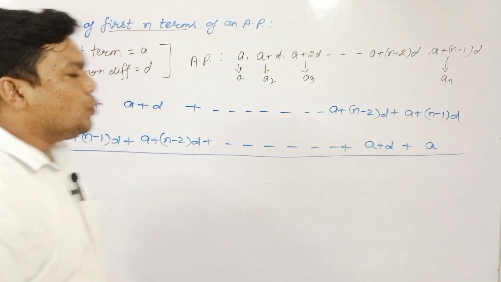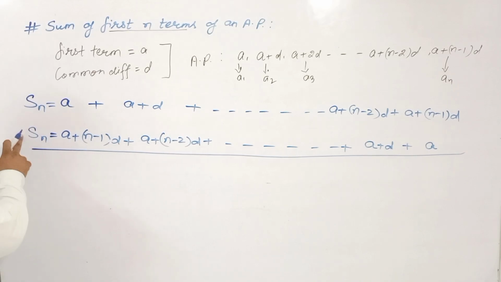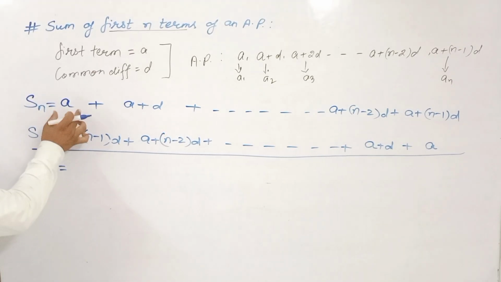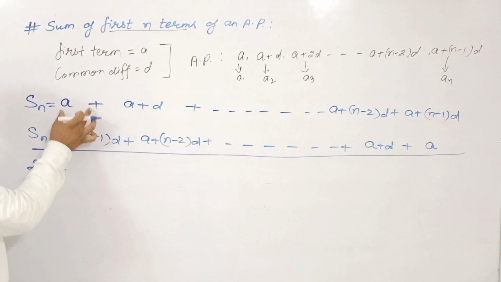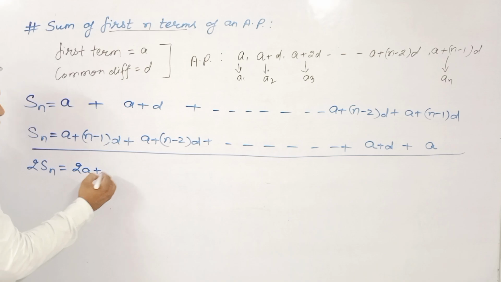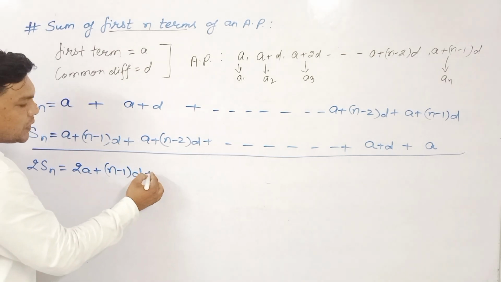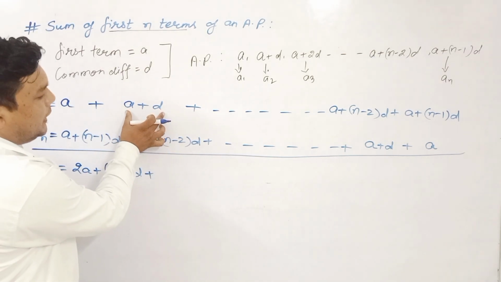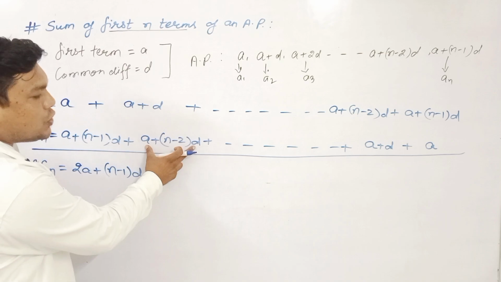If you add these two equations, what will you have? Sn plus Sn. It will give you twice of Sn. If you add this and this, we are adding corresponding terms. So a plus a will give you 2a plus n minus 1 into d, and then a plus d plus a plus n minus 2 into d.